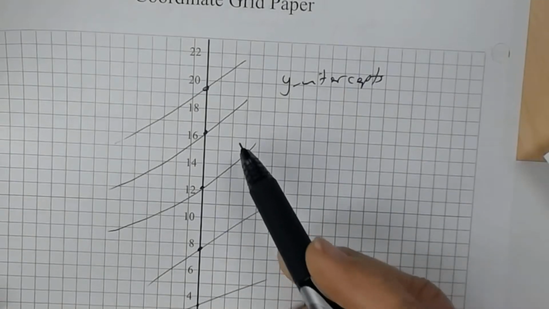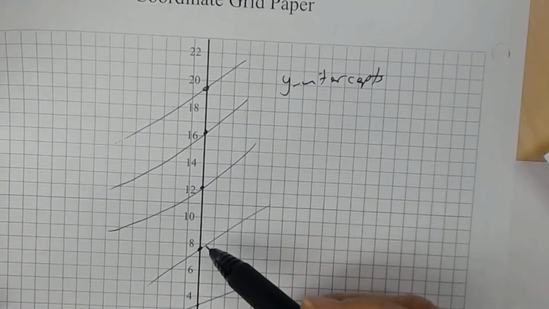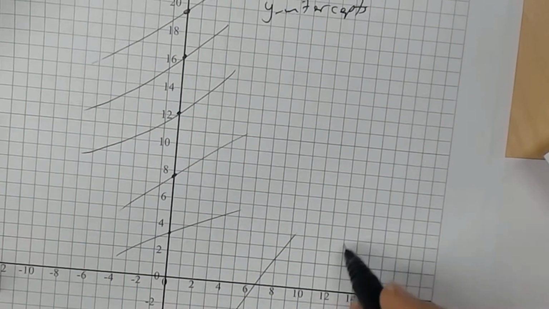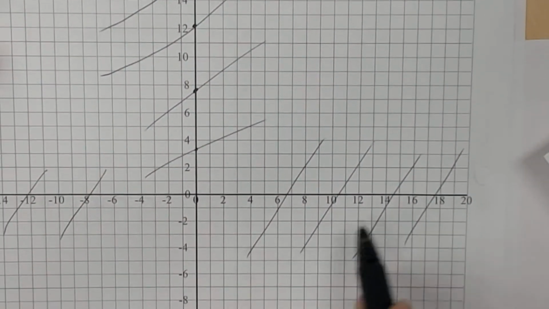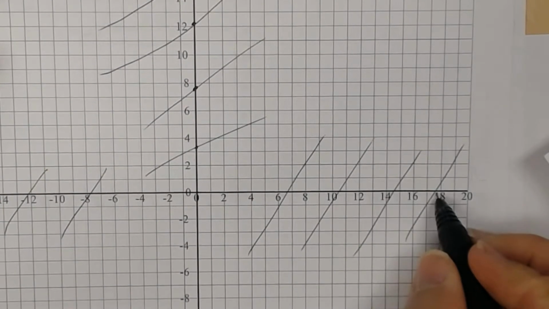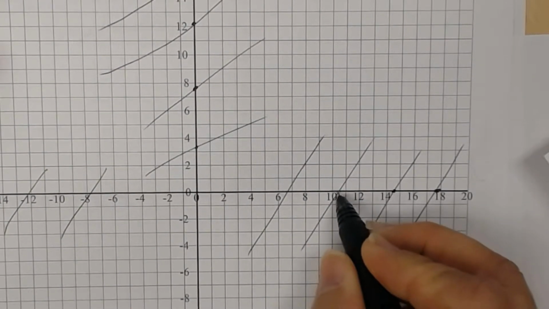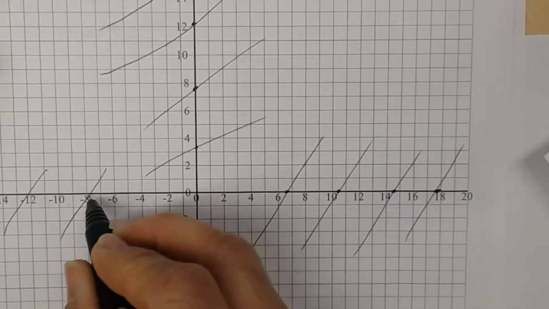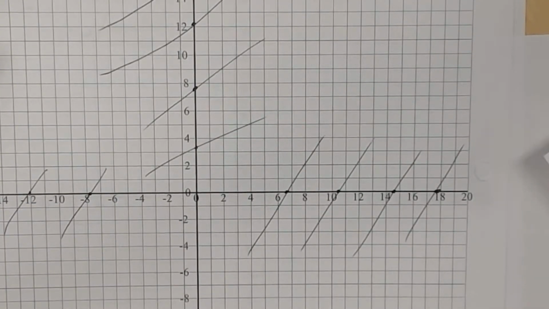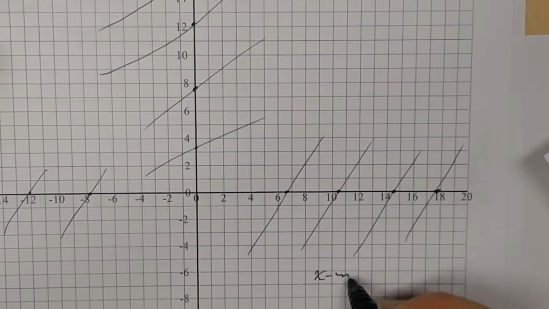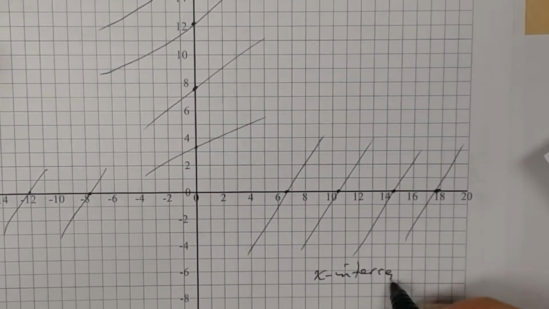That's where the graph crosses or touches the y-axis. If I look at any point that's on the x-axis, where the graph crosses or touches the x-axis, those would be called x-intercepts.